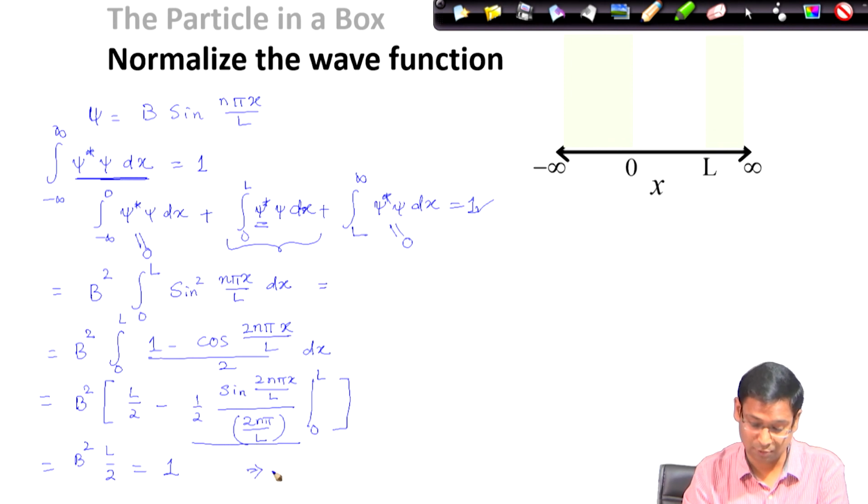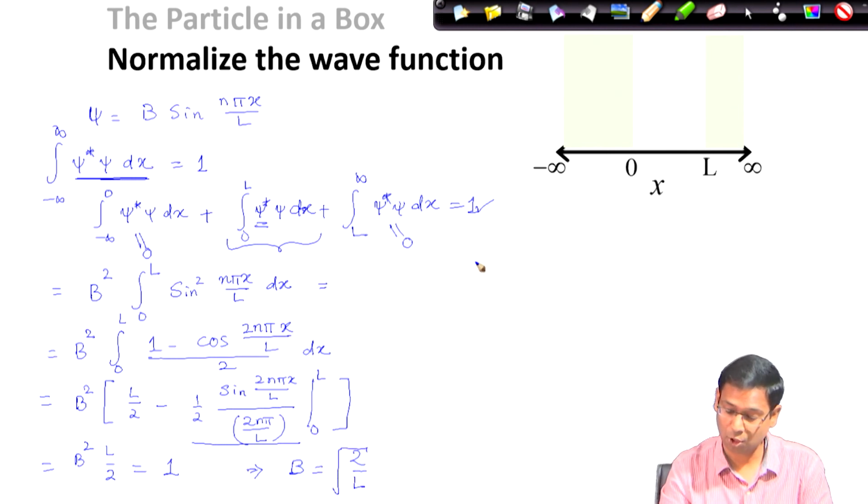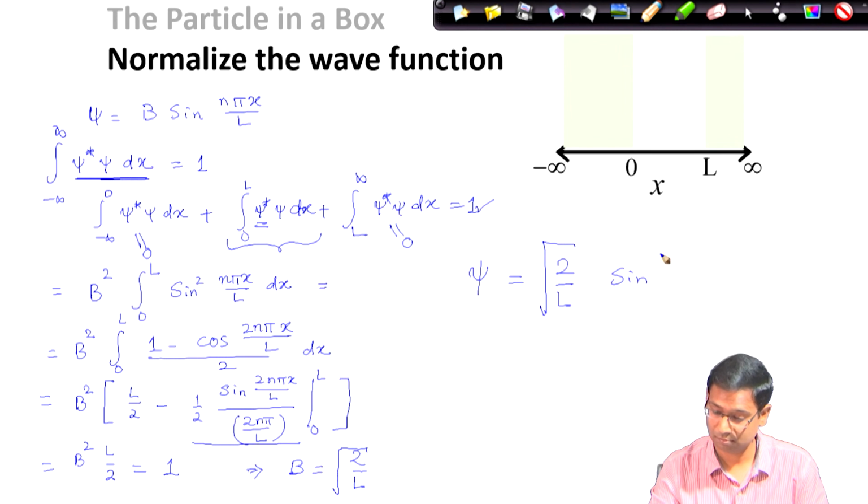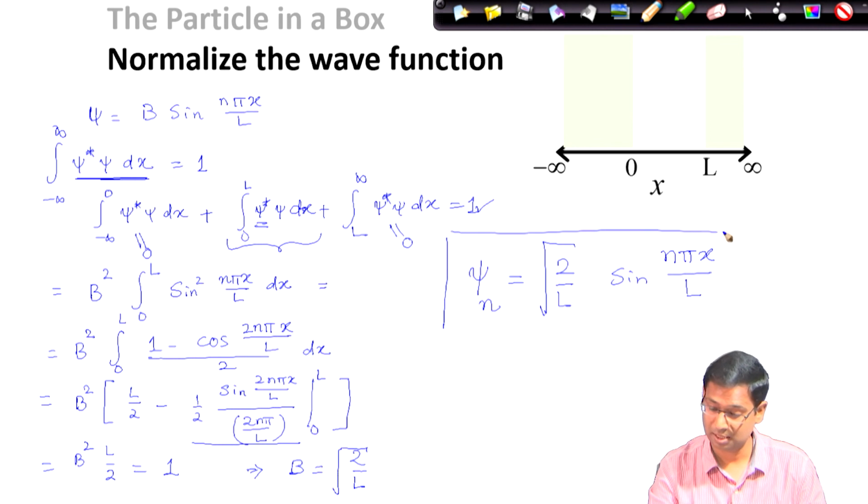Now, when I solve this, I get the value of b. Therefore, the normalization constant that I get is the square root of 2 by L, and I can now write down the wave function. You see that this psi depends on n, so I am writing psi n.